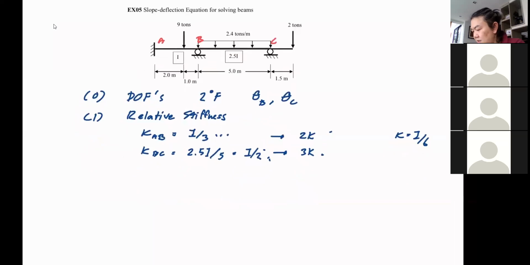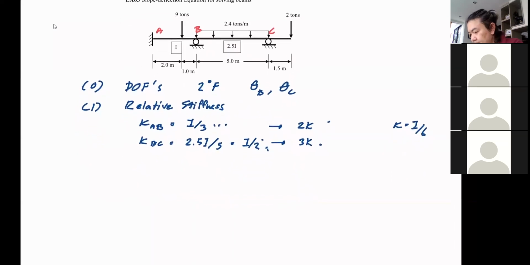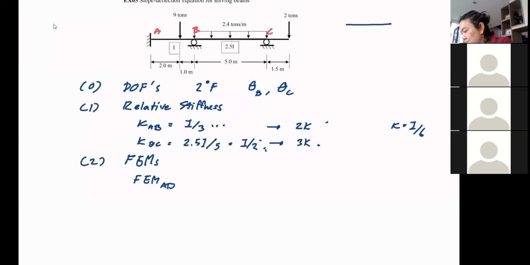Next, fixed end moment. Now we have quite a lot. FEM AB. You see that it's not in the middle. So the formula here, let me try to write it down.